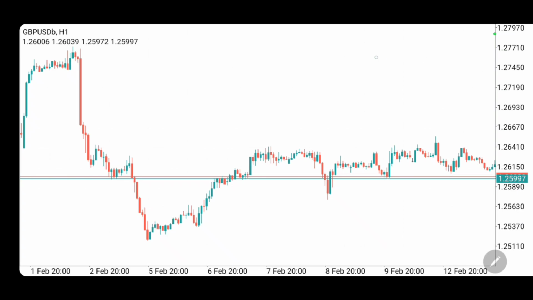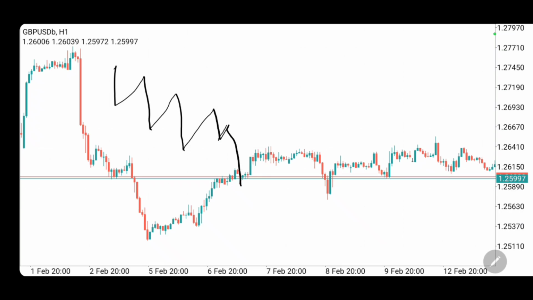This is how it works. You have a zone. You have an order flow like this, and now another zone created right here. Like this.